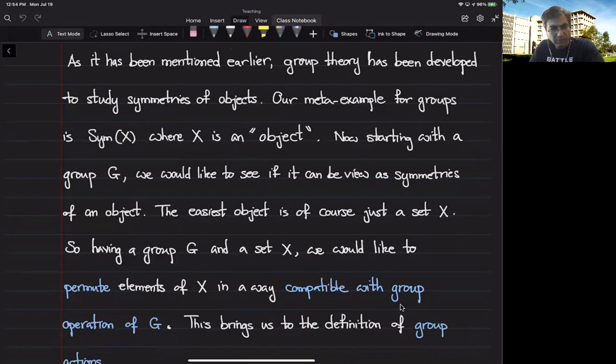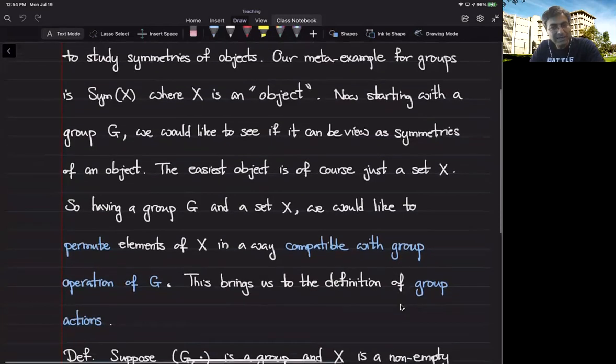Now, the easiest of the objects, as we have discussed earlier, is when the object X is just a set with no additional information. Then what we are asking is, can I think about G as permutations on the set X? What if I relax and allow some of the elements of G to act like identity?